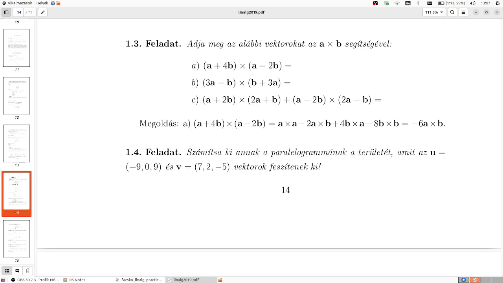So if we switch A and B, we have to change the sign. We also have to move 3.